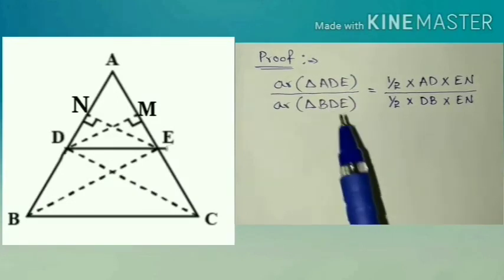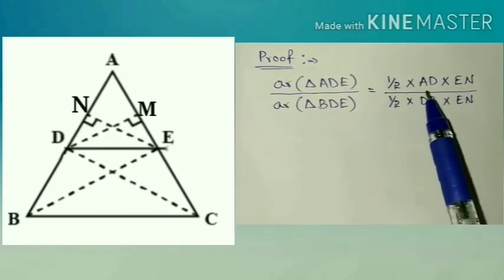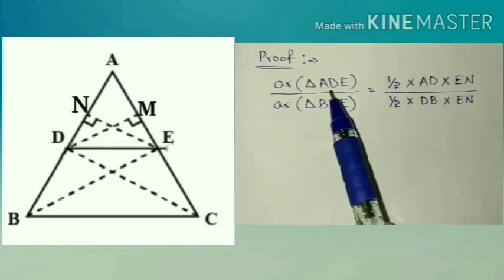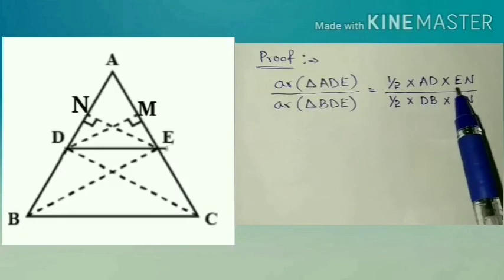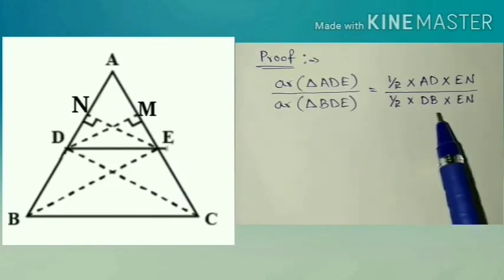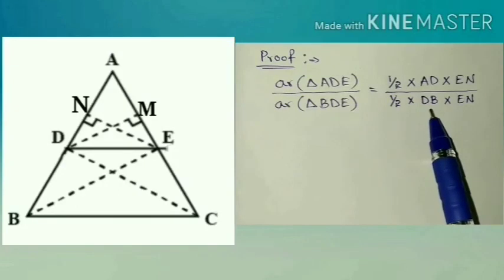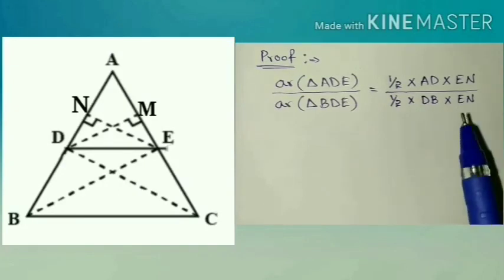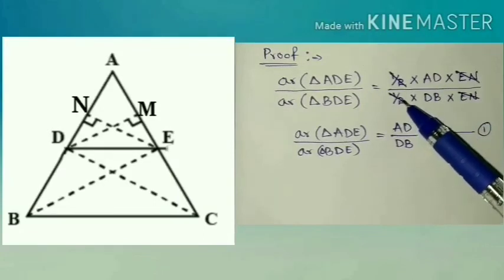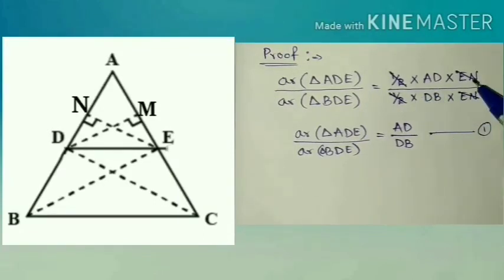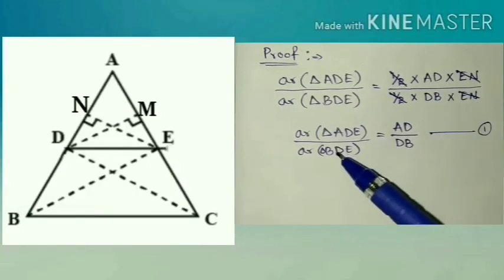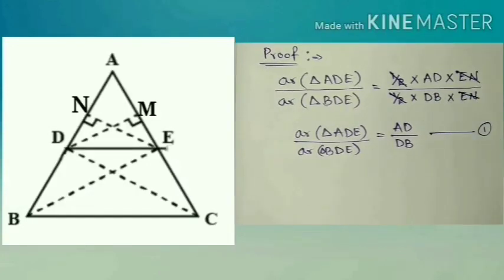In the proof, we take the ratio of the area of triangle ADE and the area of triangle BDE, both having the same height or altitude, which is EN. Using the area of triangle formula, half into base into height, in triangle ADE the base is AD and height is EN. Similarly in triangle BDE, base is DB and height is EN. Half and half will get cancelled and EN will get cancelled, leaving AD by DB. Take it as equation number 1.